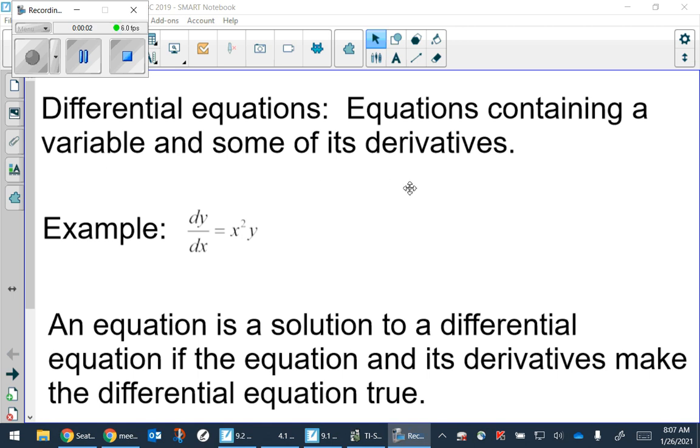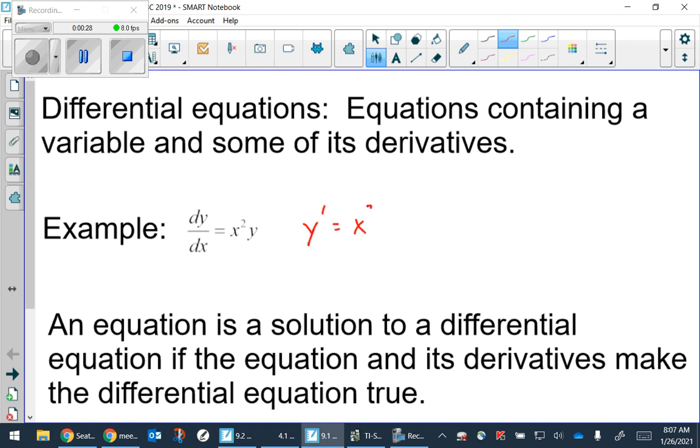All right, so today we're talking about differential equations, equations that contain a variable and some of their derivatives. So here we've got a differential equation. We've got dy/dx equals x squared times y, or it could have been written y prime equals x squared y.